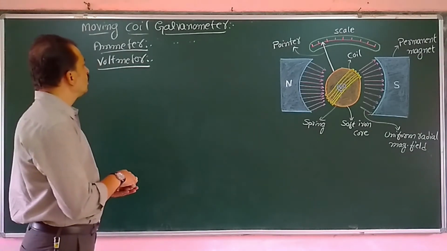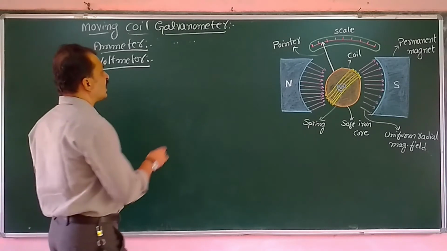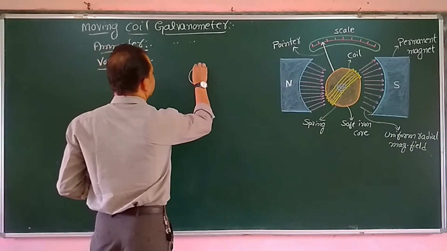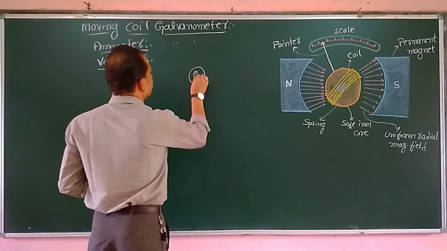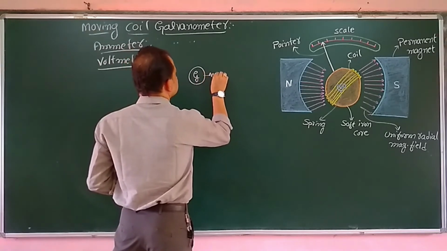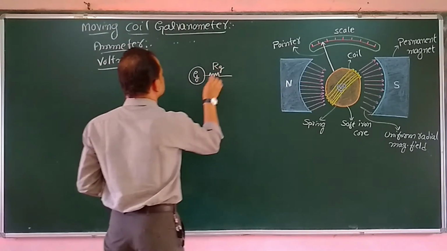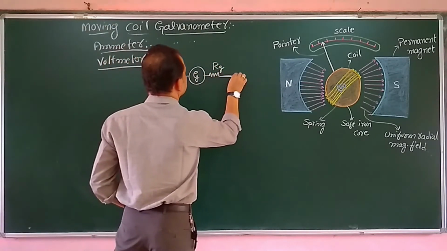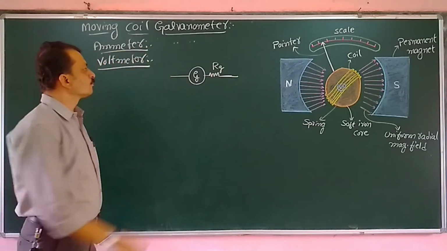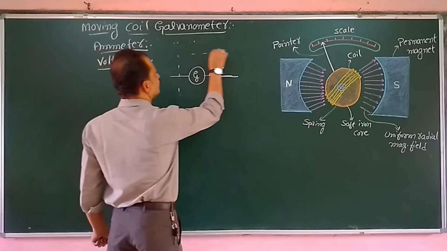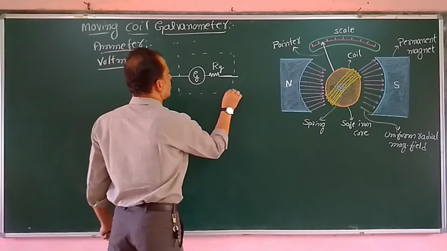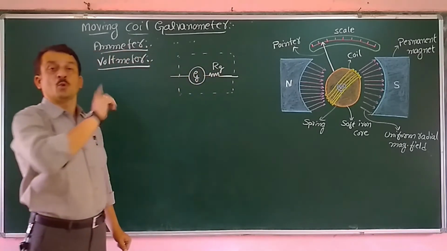So, I have a galvanometer here with an internal resistance Rg. This is the galvanometer system. Now I am going to convert this into a voltmeter.